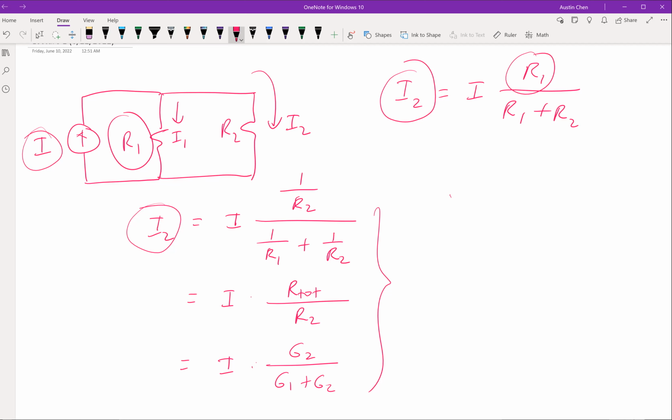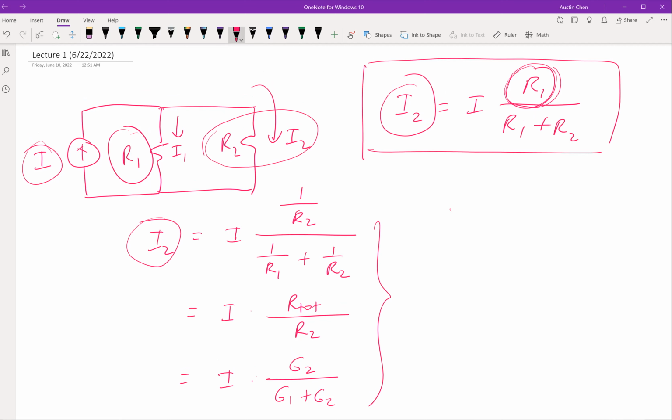And in the denominator, I have R1 and R2 come together. This looks very much like the voltage division technique that we saw earlier. But notice the difference here is that this resistor on the top is not associated with this branch of interest, but is the other branch.